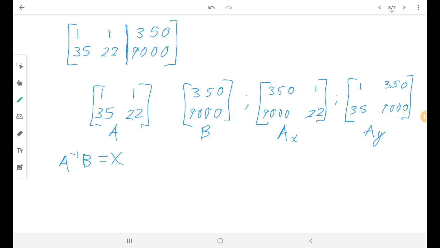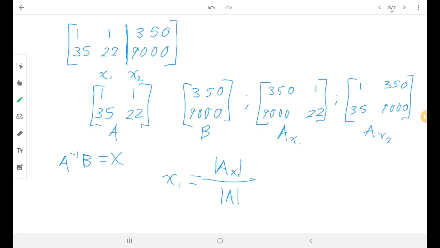And the other way of doing this is to take the determinant of A sub x over the determinant of A, and that will equal x1. Maybe, for purposes of this one, I should label it differently: A sub x1 and A sub x2, since we have an x1 column and an x2 column instead of an x and a y column.